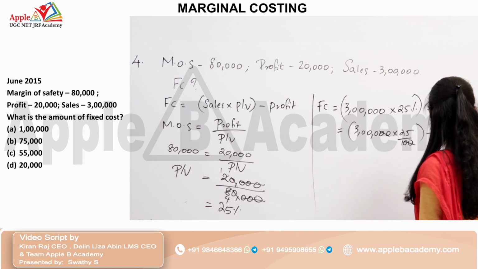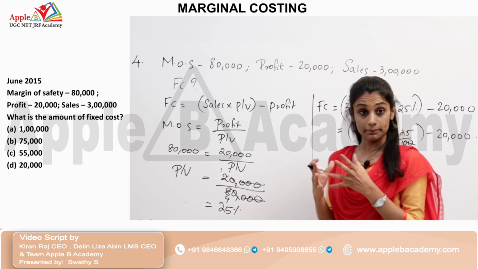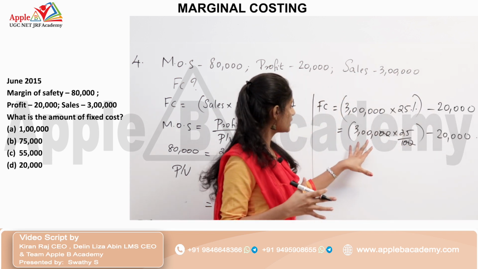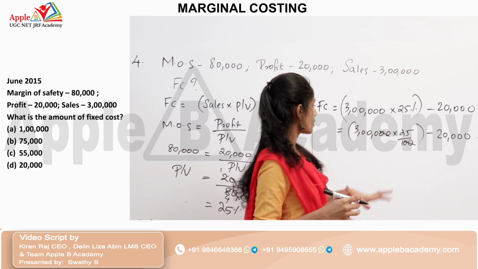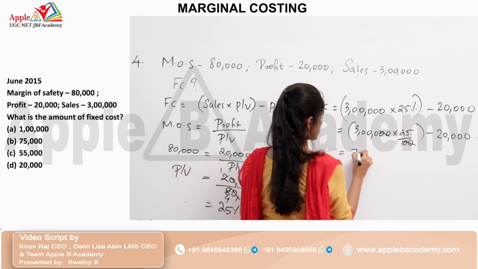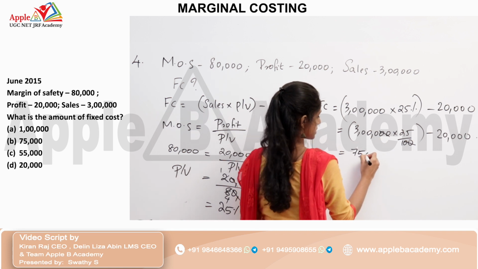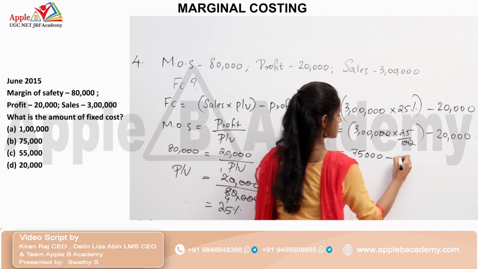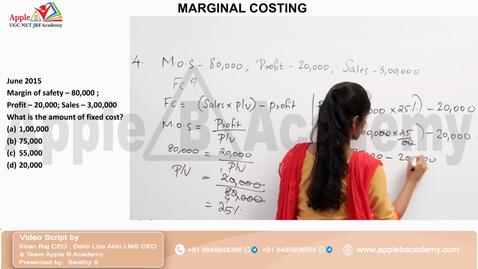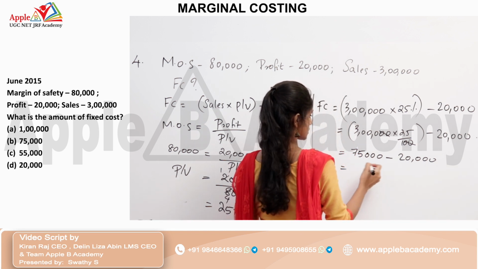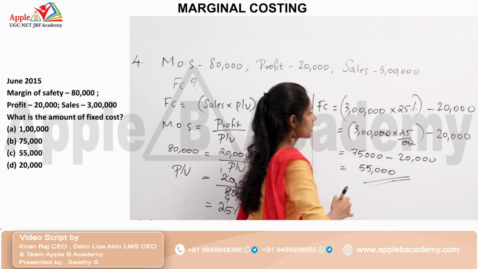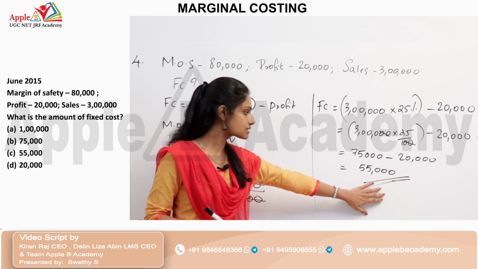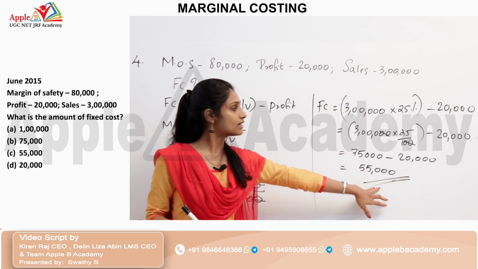Minus 20,000. So now coming to the calculation, that is 3 lakh, cut the zeros. Then 3 into 25, which is 75. So 75,000 minus 20,000, which is 75 minus 20, that is 55,000. So fixed cost is rupees 55,000.